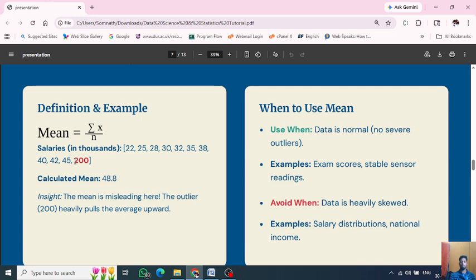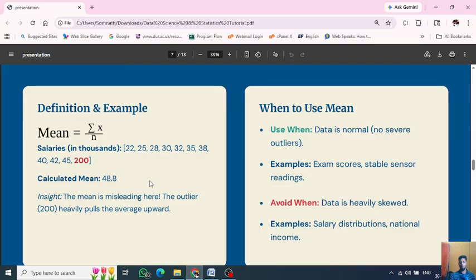This one person is actually taking a huge salary, and this is misleading the average, or pulling the average upward. Okay, so this is the mean, and I have also shown you the problem of the mean.